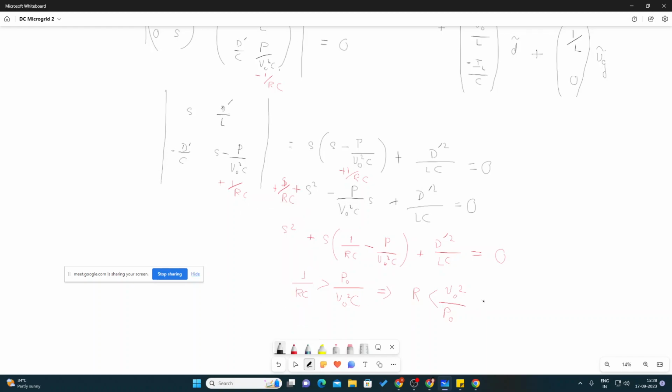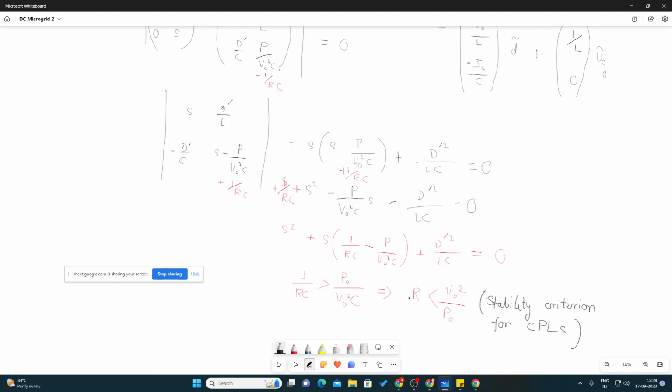So this is the stability criterion for constant power loads.